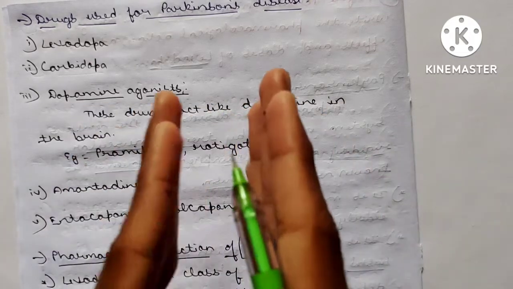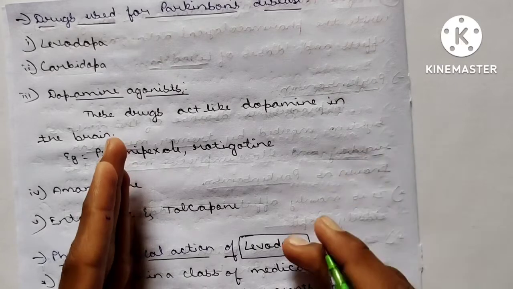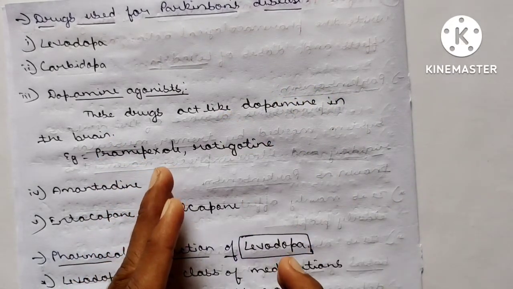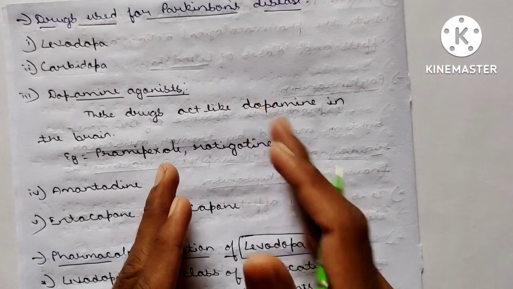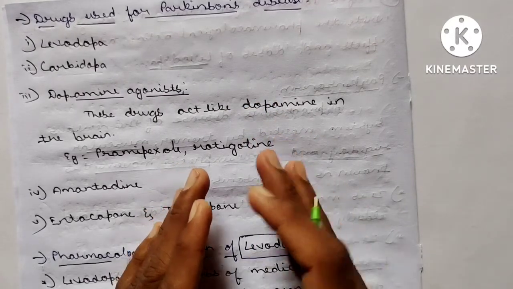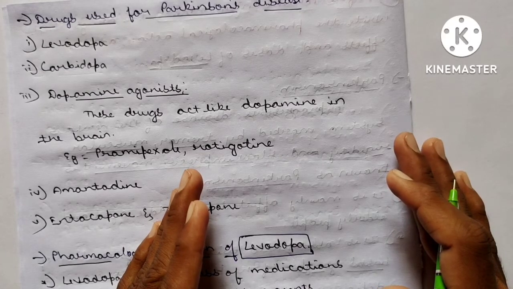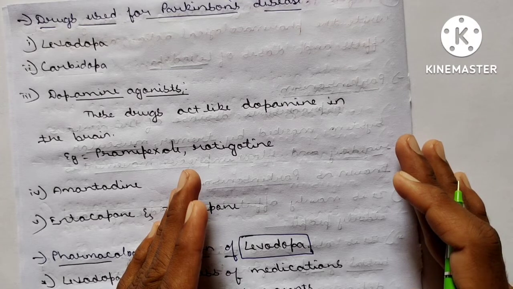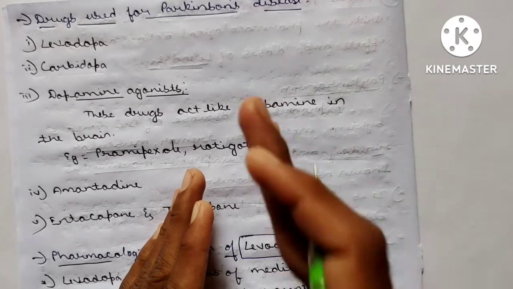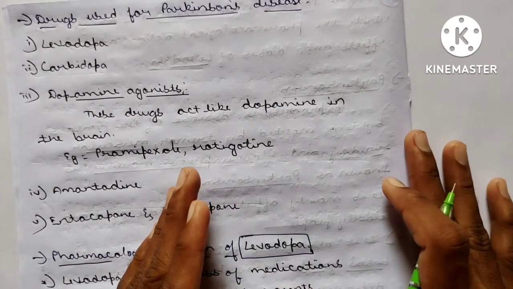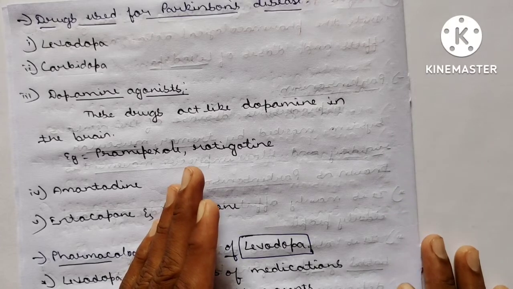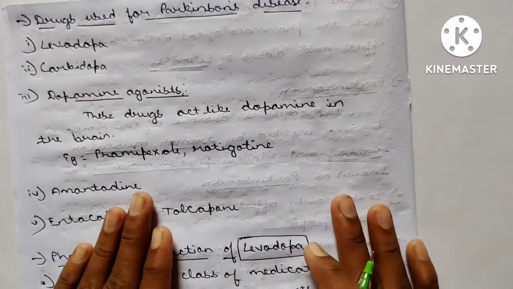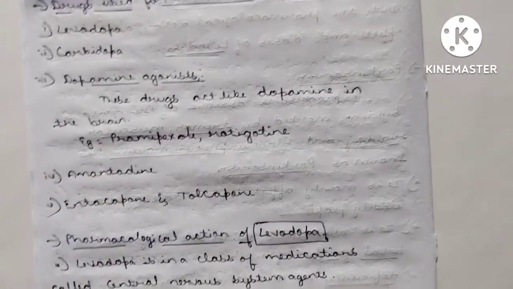Levodopa acts as dopamine, and carbidopa stops the wastage of levodopa before it reaches the brain. Sometimes levodopa gets broken down and is unable to reach the brain. This process is inhibited by carbidopa, which supports levodopa in reaching the brain. Simple, remember this one.